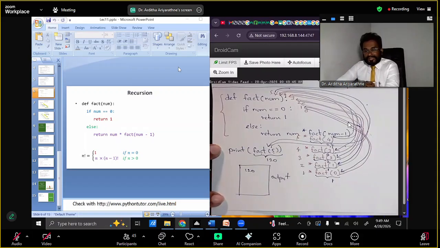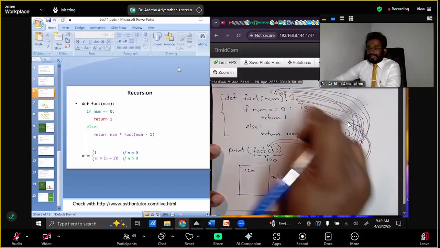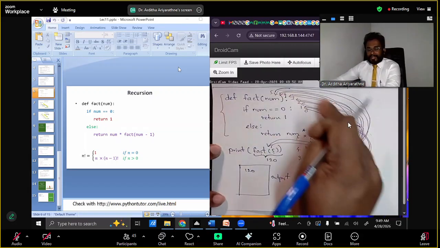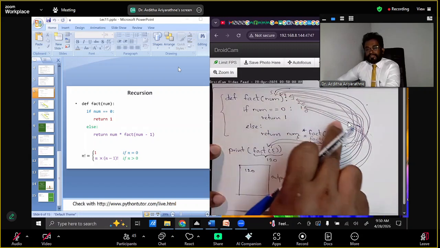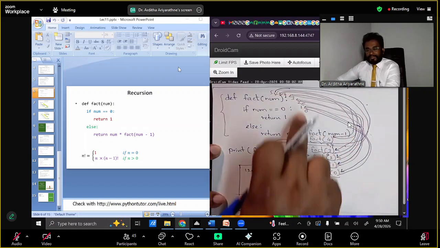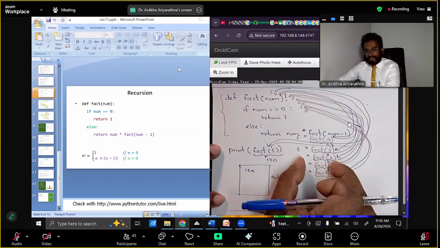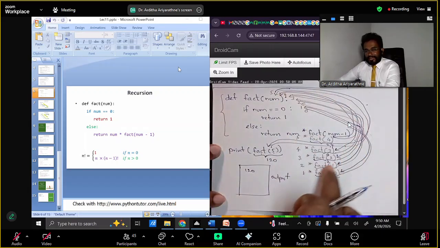Right? So this is the behavior. We are calling again and again and again until the basic level. Then once we found the answer for the basic level, we are returning from the last level. Again we found the answer, again next level return.